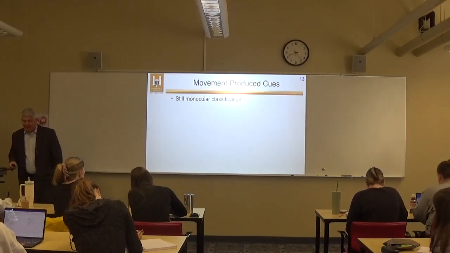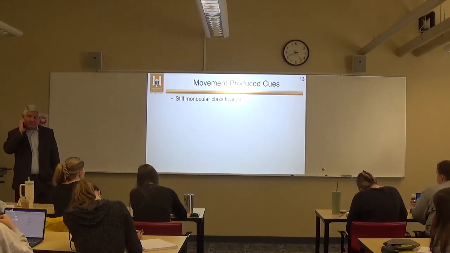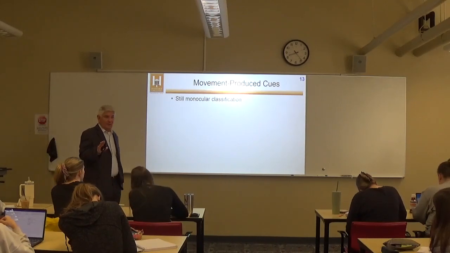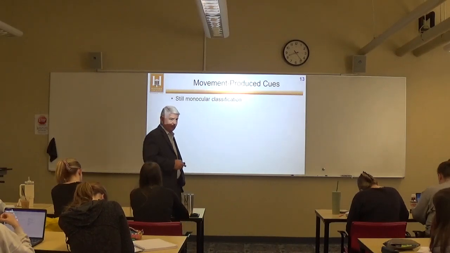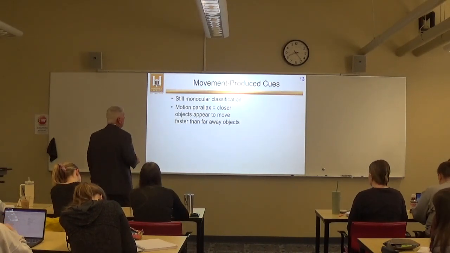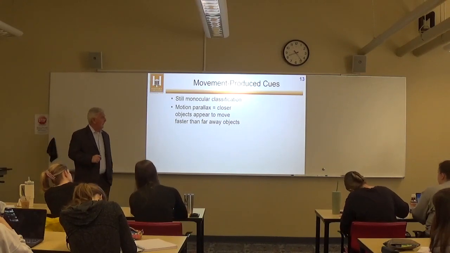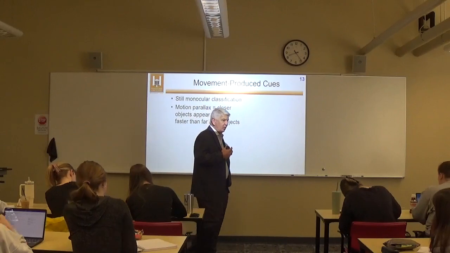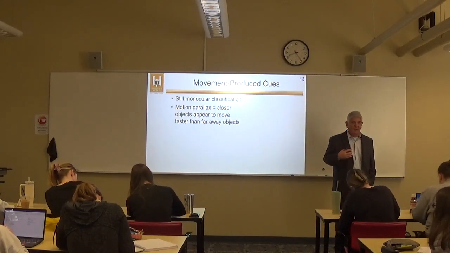So, we also have some movement-based monocular cues. Everything we've done so far is static, meaning it can be represented in a picture, right? Static monocular cues. Motion parallax says that as we're moving, objects that are closer appear to move faster than objects that are further away.